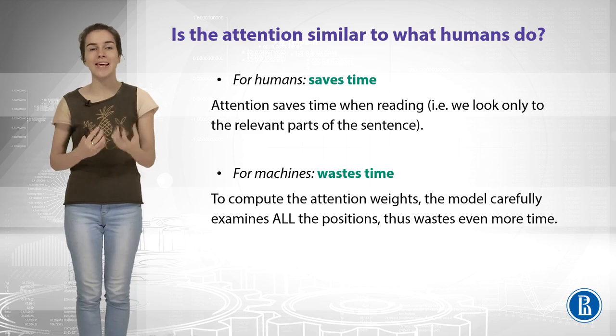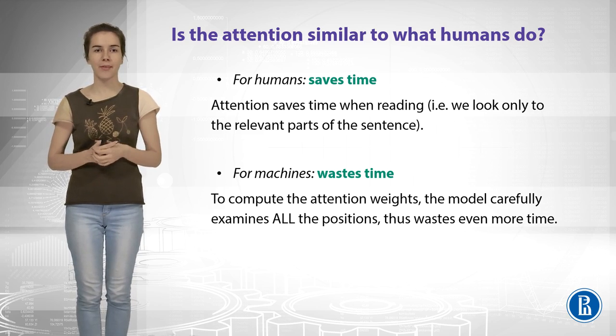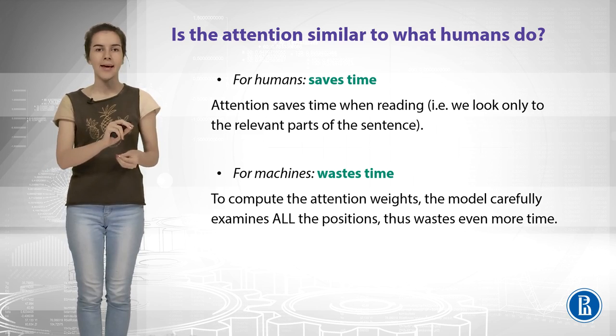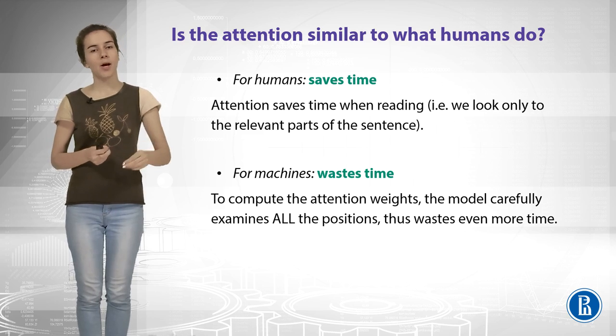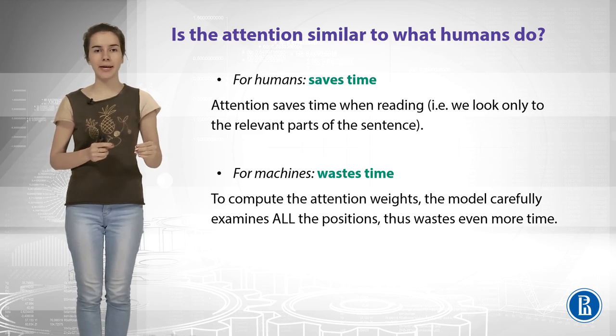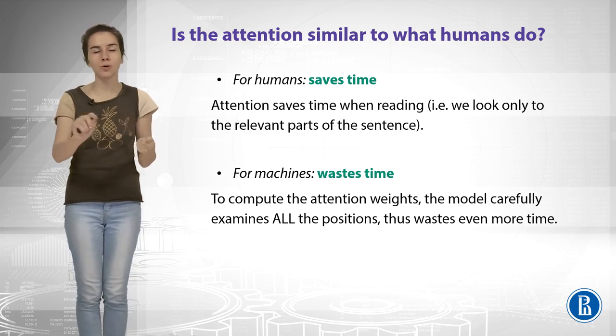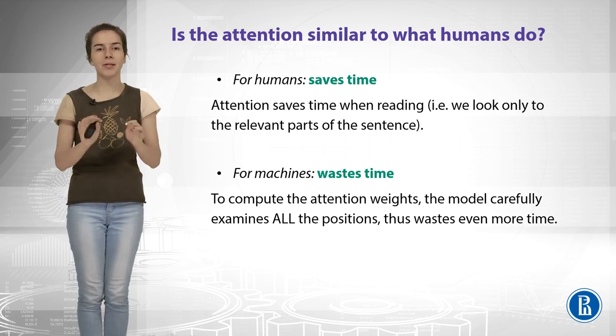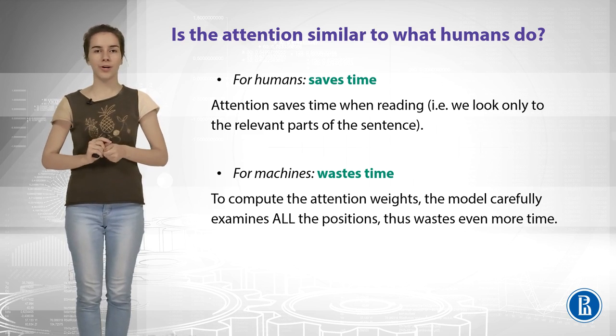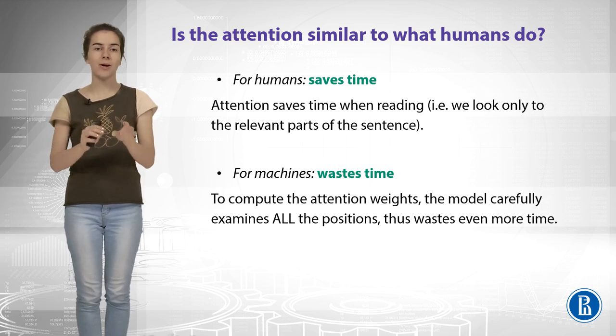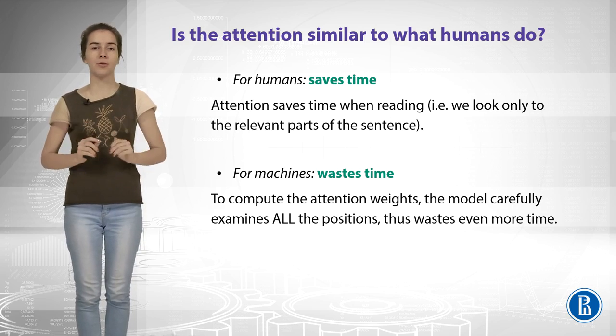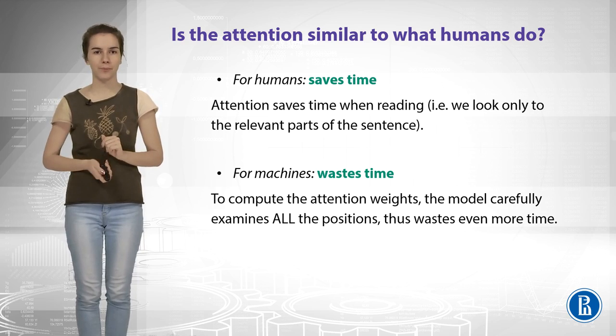So humans save time with attention because they look only to those places that are relevant. On the contrary, here we waste time because to guess what is the most relevant place, we first need to check out all the places and compute similarities for the whole encoder states, and then just say, okay, this piece of the encoder is the most meaningful.